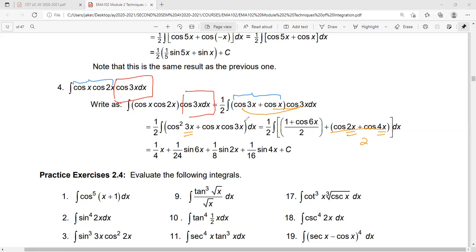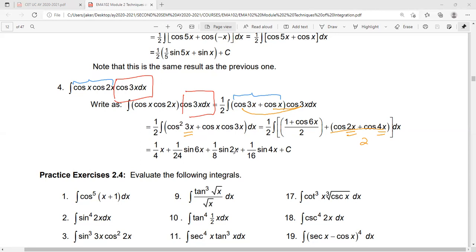If you're now going to process this, you will have 1/4 x. This one will need a 6 dx, so you need to have 1/6 multiplied to 1/4. So that's 1/24 sine of 6x. For this one, this will need a 2, so you'll have 1/2 times 1/2 times 1/2. So that's 1/8. Nalipatan lang pag-type 3 ang 1/2.